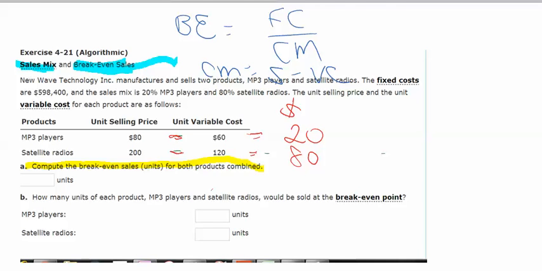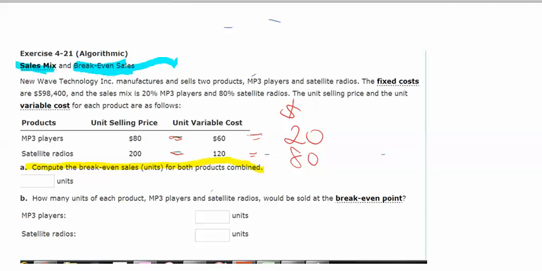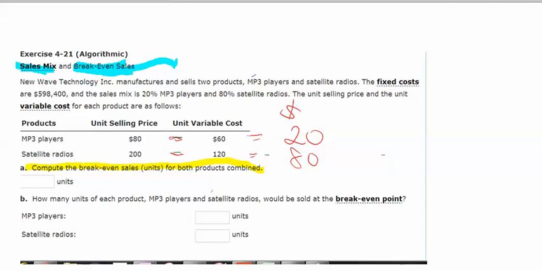Now we're not done here because we have a sales mix. We're selling more than one product, so we have to figure out how much that contribution margin for each unit represents of the total sales. So as we read the question, I'm going to do a little erasing, clean it up. The MP3 players, the fixed costs are $598,400, and 20% are the MP3 players and 80% the satellite radios.